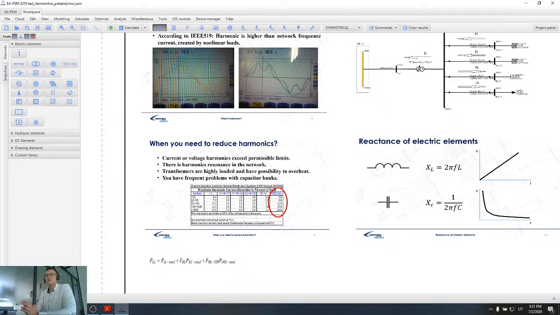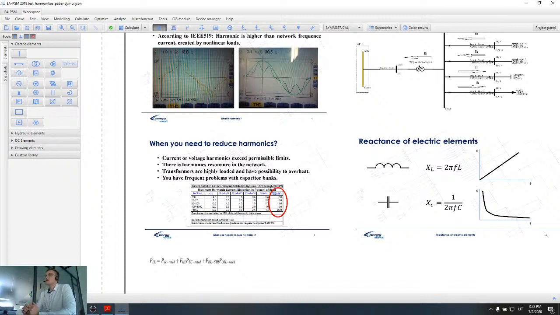So we have to check the different types of equipment. For example, if we take a capacitor, it will be at some temperature like 80 degrees, 100 degrees, and at this temperature the capacitor can operate, let's say, for 1 hour, and after that time the capacitor will be damaged. So this is the limiting time.